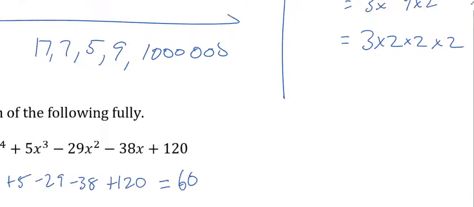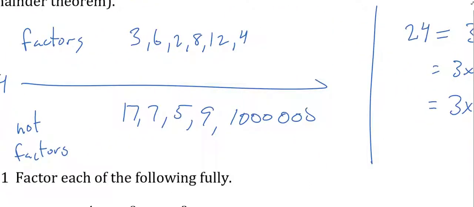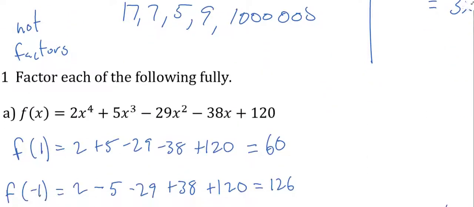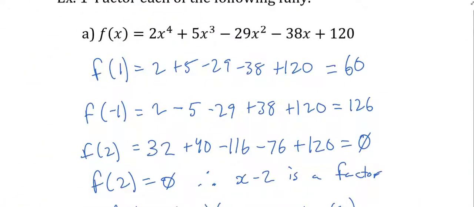If I find a number that is not a factor of 24, so it doesn't divide into 24, will it divide into the factors of 24? No. If it doesn't go into 24, it's not going to go into 12. Doesn't that make sense? So you do not need to retry the numbers that you've already tried.